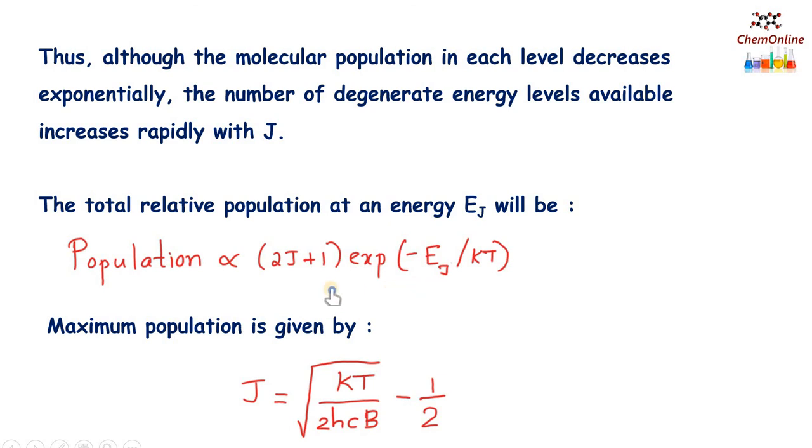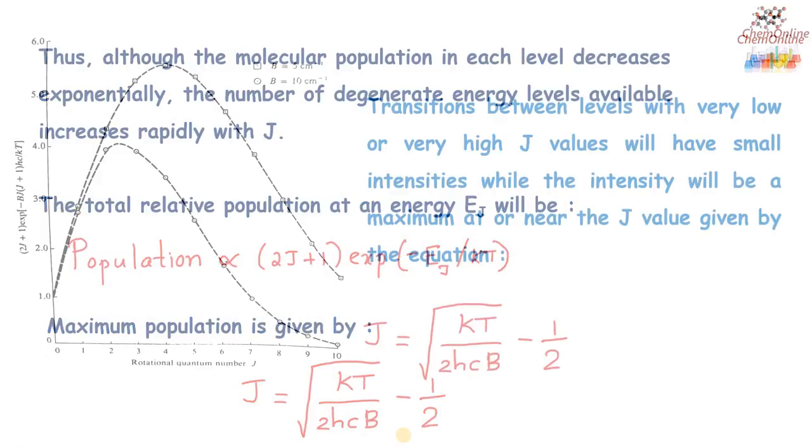If we differentiate this equation and set dNj by dj equals 0, we get the value of j for which the population is maximum, which is given by j equals root of kT by 2hcB minus 1 by 2. This equation gives the j value at which there will be maximum population and hence the most intense line.